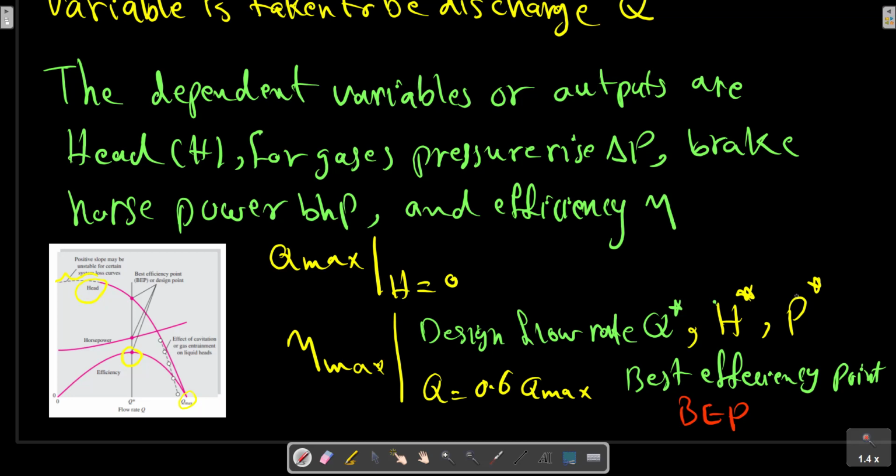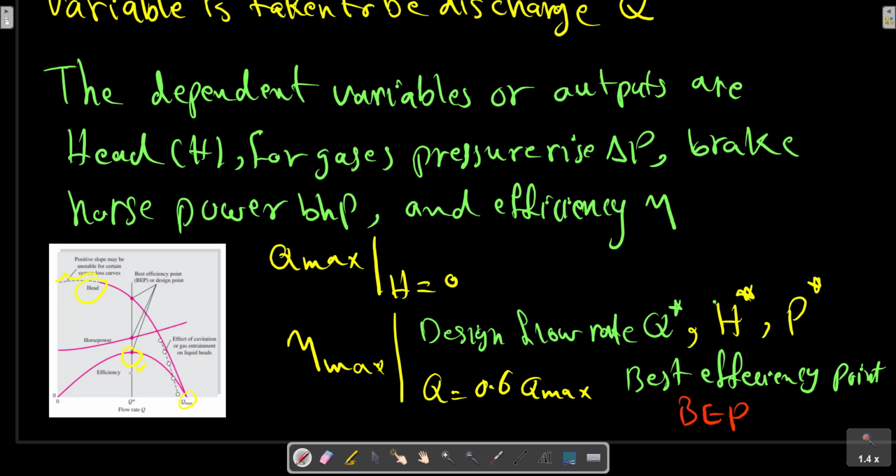It is desired that the efficiency curve be flat near eta max, this point, so that a wide range of efficient operation is achieved. However, some designs simply do not achieve a flat efficiency curve.